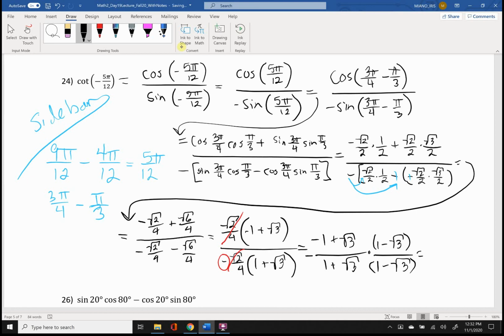So then we'll FOIL up here, and ultimately it'll become 1 minus 3 down here, which will be a negative 2. And the negative will still be out in front. And then in the numerator, we'll have negative 4 plus 2 root 3s.